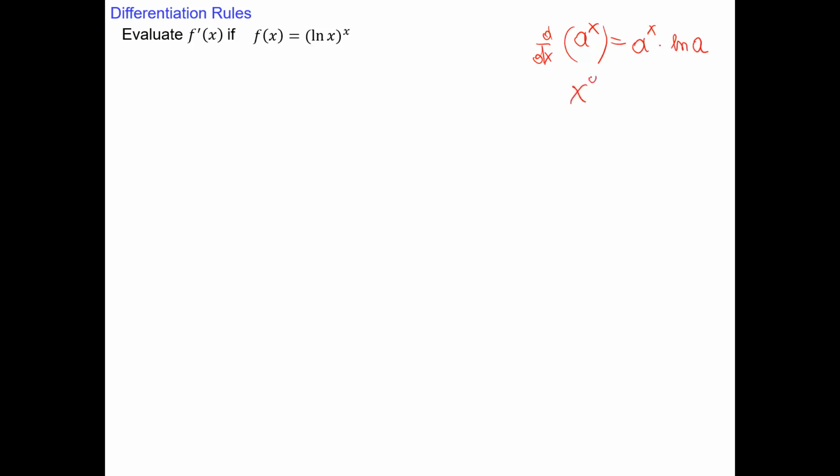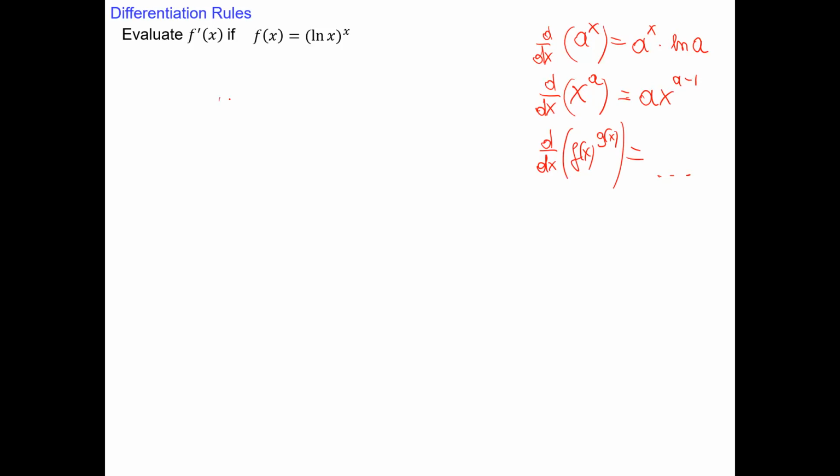When we have x to the a, the power function derivative is just a times x to the a minus 1. But when we have a function taken to the power of another function, how can we differentiate? We have a couple of rules, but we will use logarithmic differentiation.